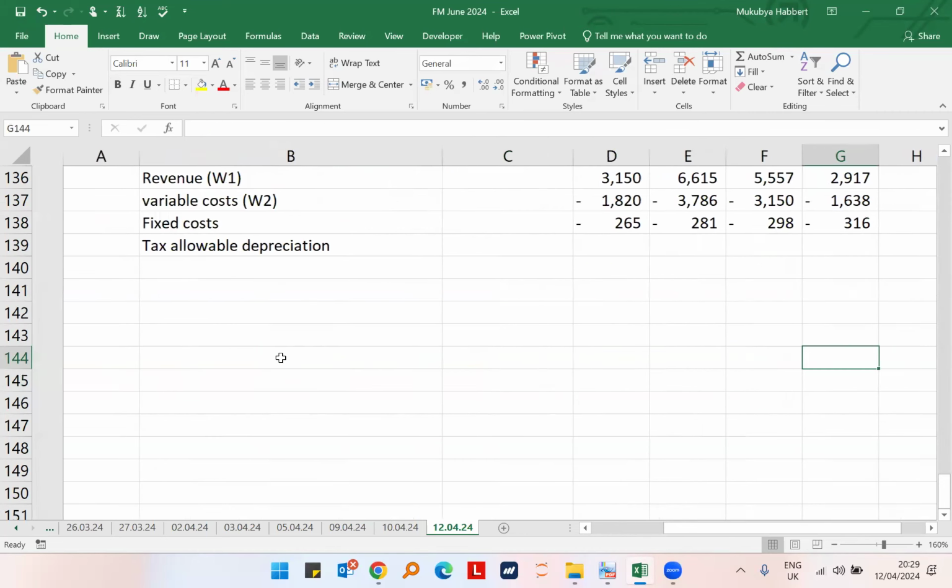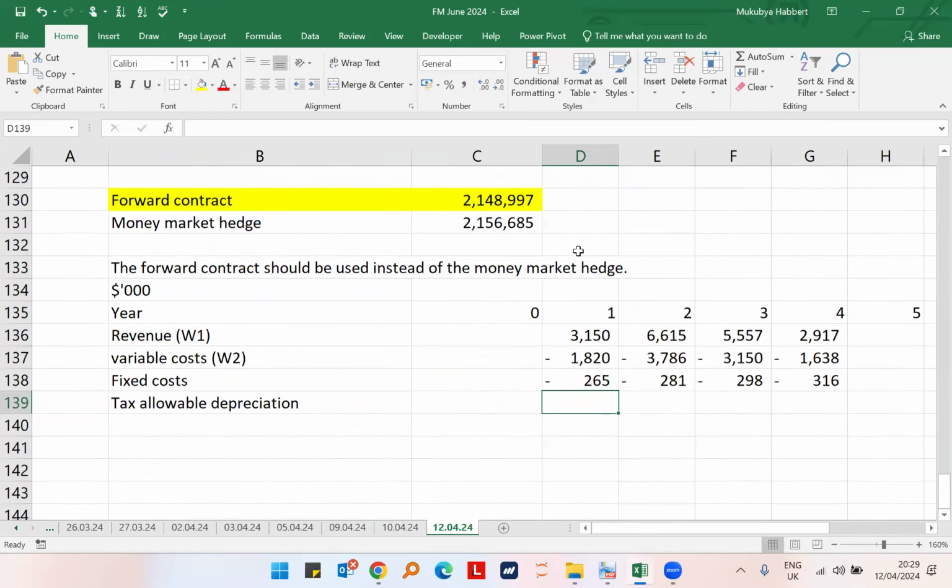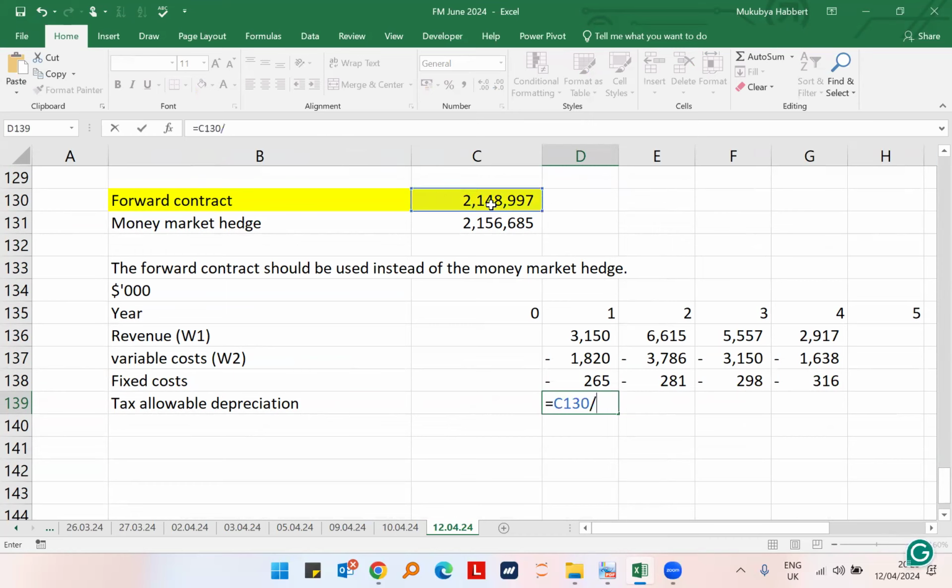But if it's straight line, all you do is just come here and divide. Remember the figure that we chose to use is 2.148 million. So you just divide this one by 1,000 because we are working in thousands. And the project has 4 years, so divide by 4. So you just get your answer there as 537.25.